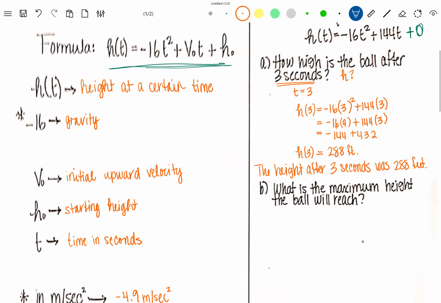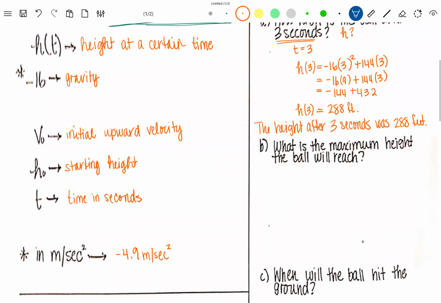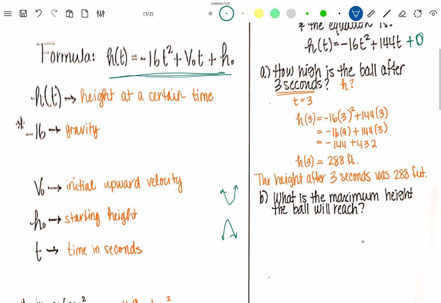So B says, what's the maximum height the ball will reach? Remember that these quadratics are either upward facing U's or downward facing U's, and that's determined by the first number. Since this is a negative, that means it's a down facing U. So that maximum height is going to be the vertex.